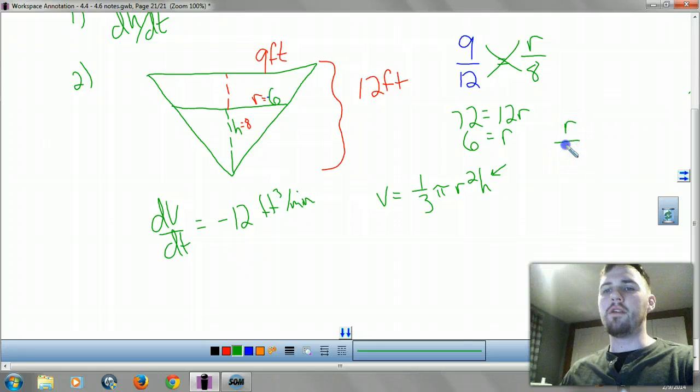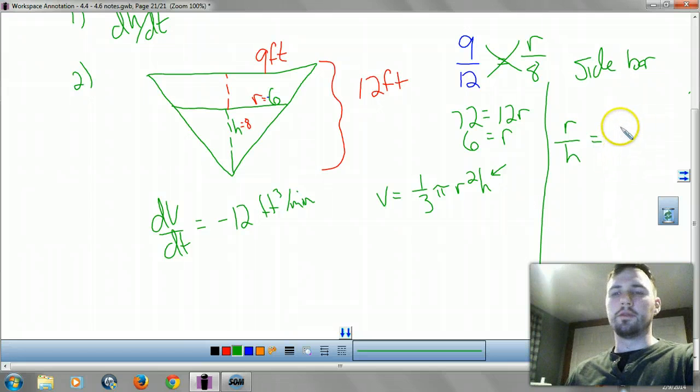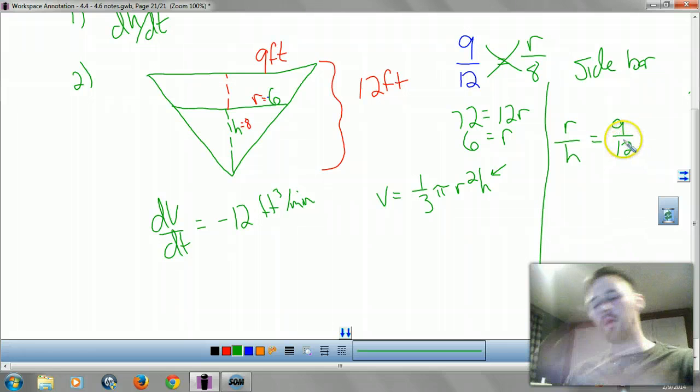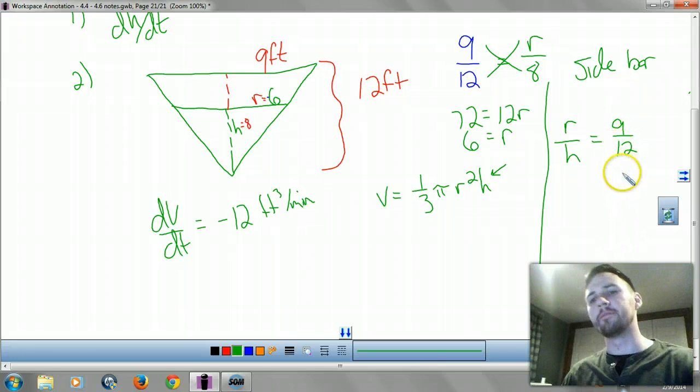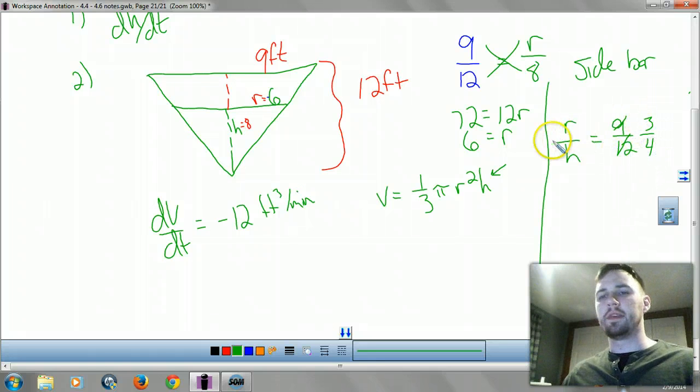If my r over h, this is just a sidebar, if my r over h equals 9 over 12, my radius over my height, right? And it's always similar triangles like we showed before. Then I could change this to 3/4, right?